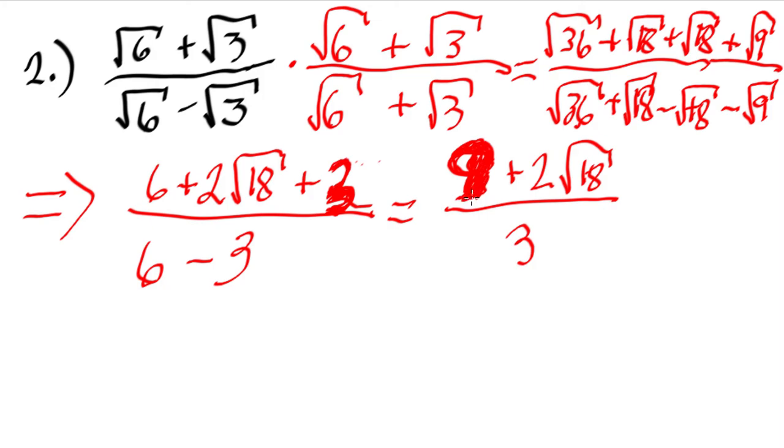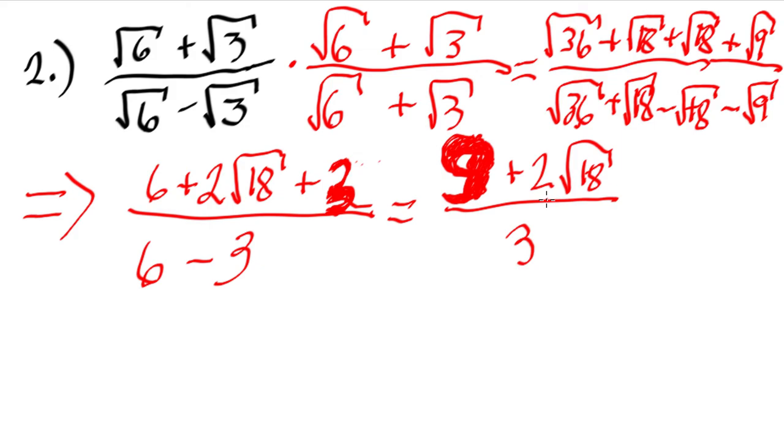So 9 plus 2 square root of 18 over 3 is our answer there.